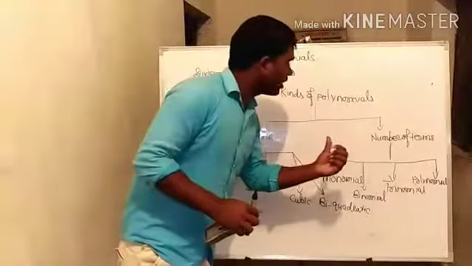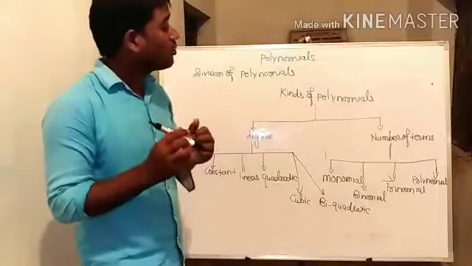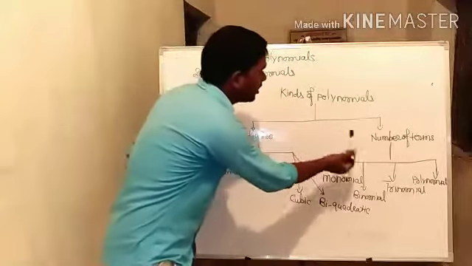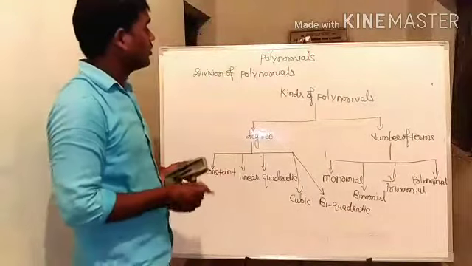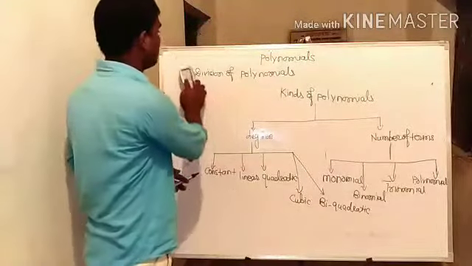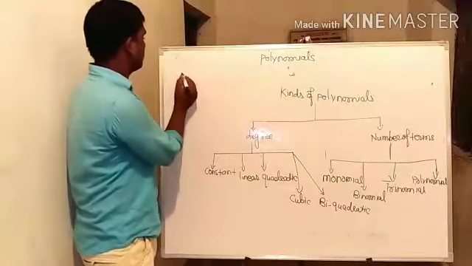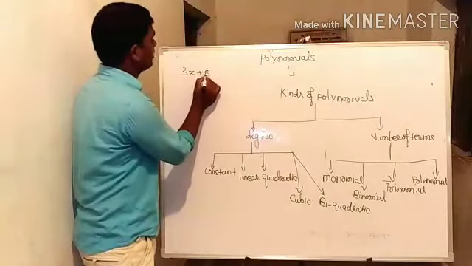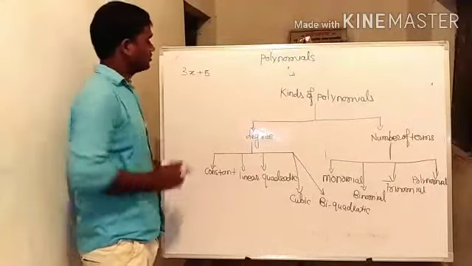How can we identify and count the number of terms in polynomials? Let us take an example of a polynomial. Suppose here 3x plus 5. 3x plus 5 is a polynomial.